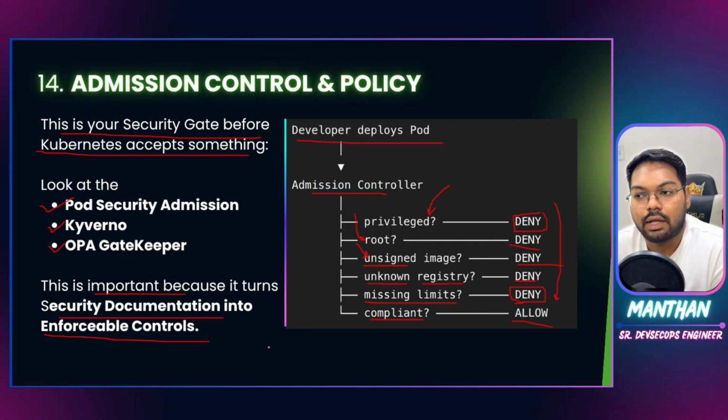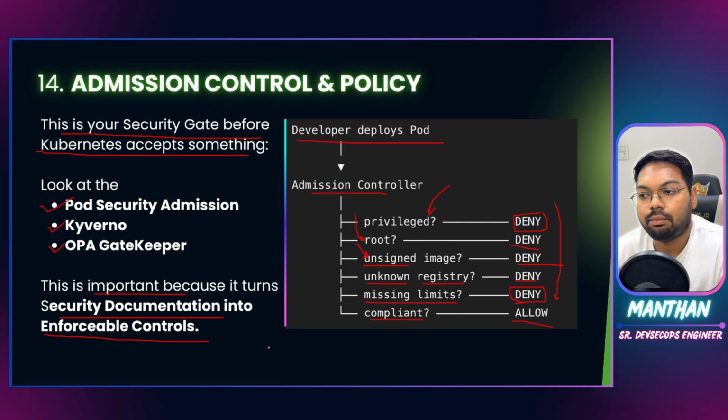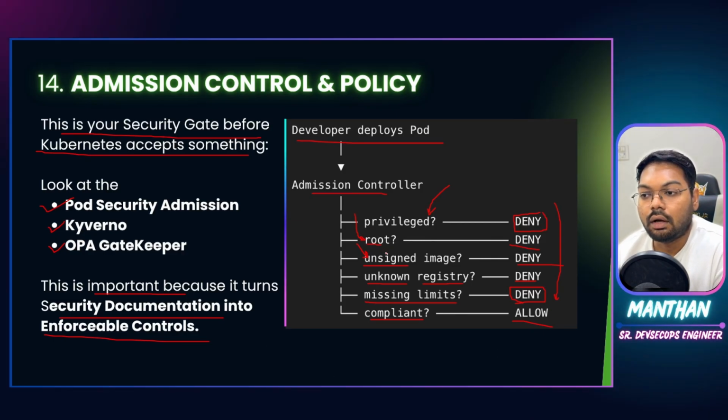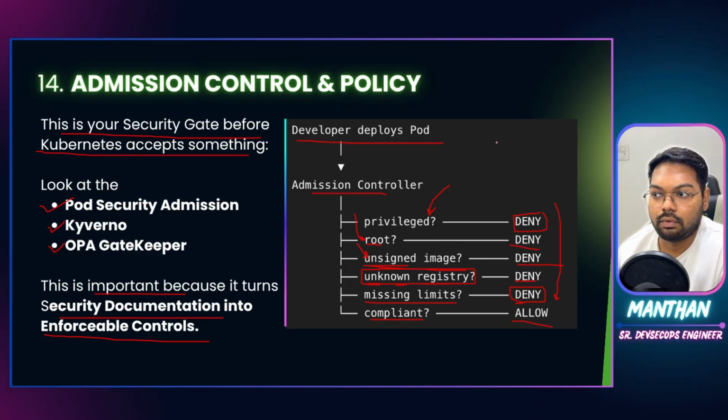And if someone has a non-root user and also has a signed image, but that signed image is from a registry which is unknown, then it could not be run on that workload.